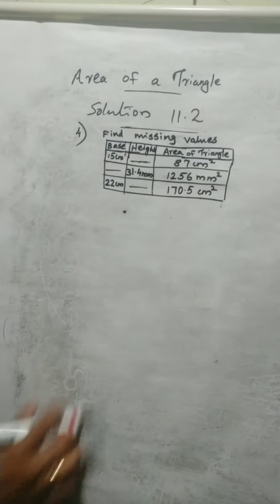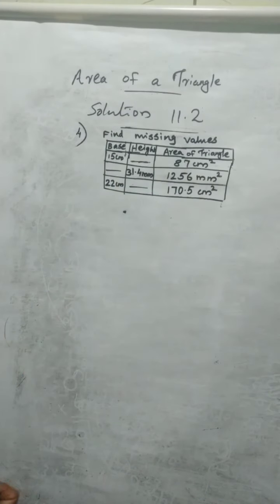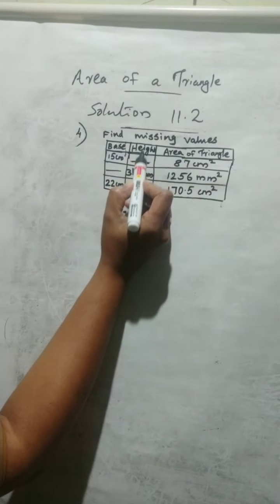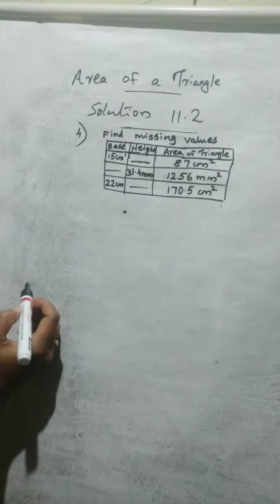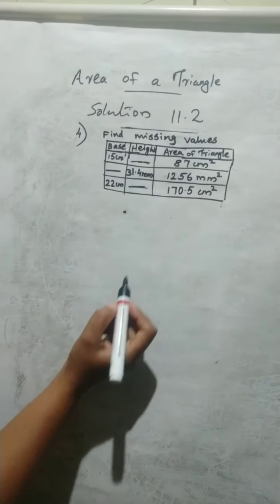Now we can do the solution of 11.2 fourth question. Find the missing values. Here some numbers are missing. Here the height of a triangle is missing, but area is given, base is given. And here base is missing, and here also height. What is given?